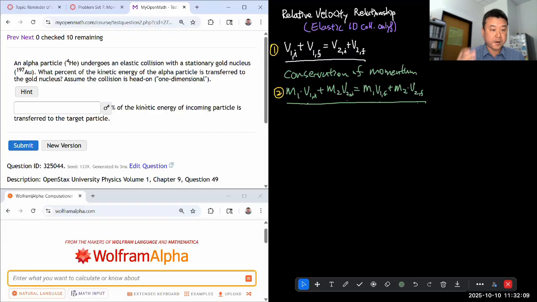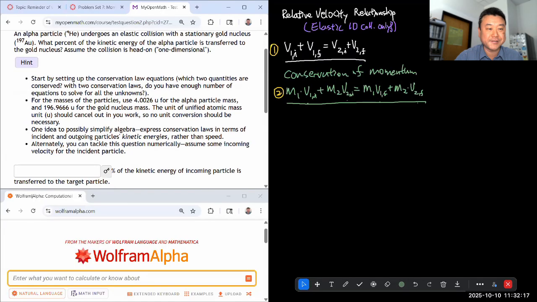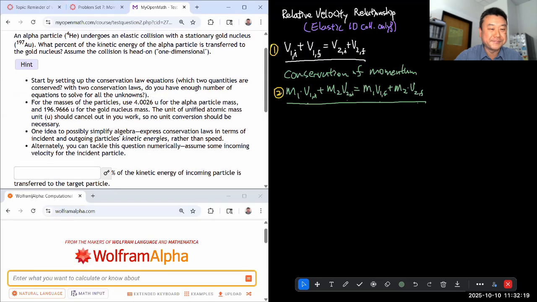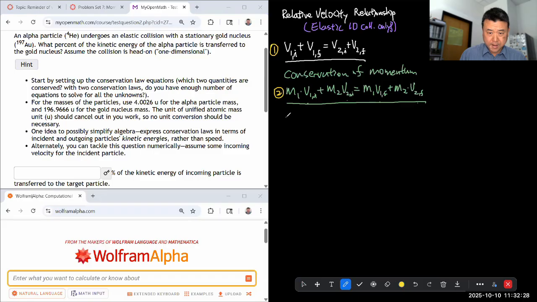So, let me say an alpha particle undergoes an elastic collision with a stationary gold nucleus. Okay, we have the masses of the particles, good. Let me just copy down those masses, and then I don't have to keep them up. So the mass of the helium particle is 4.0026.